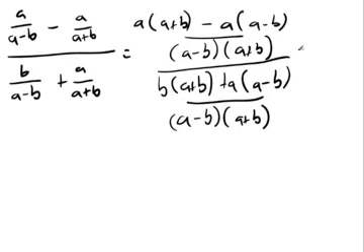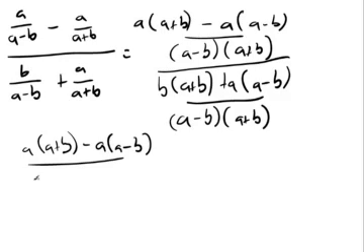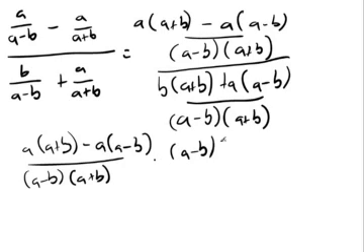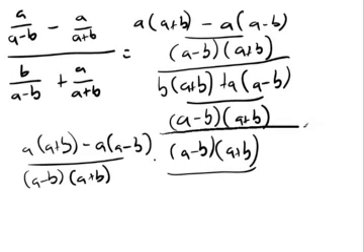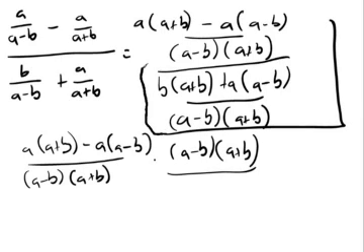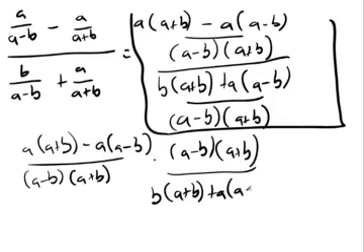Remembering our rules on division of fractions equaling multiplication by the reciprocal, we can rewrite this as a times a plus b minus a times a minus b over a minus b times a plus b, times a minus b times a plus b over b times a plus b plus a times a minus b.